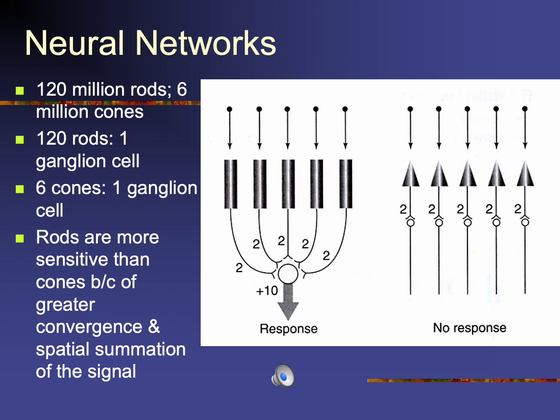That gives you a much sharper image. The image now has a higher resolution. It's much clearer. So the rods are more sensitive to light, but they give you a blurrier image. The cones are less sensitive to light, but when they're stimulated, they give you a much sharper image.